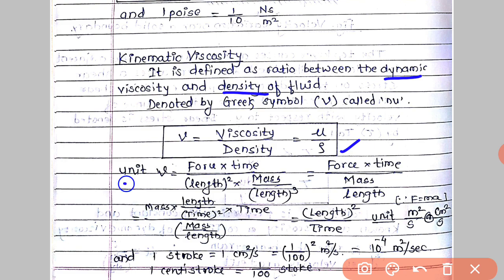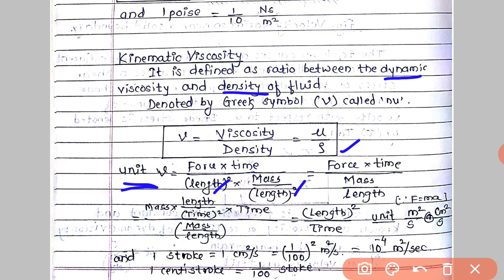Now we have to calculate the unit for nu, that is, kinematic viscosity. Write down the given quantities: force upon time into length square, divided by mass upon length cube. Do the simplification. Here length square and length square get cancelled.